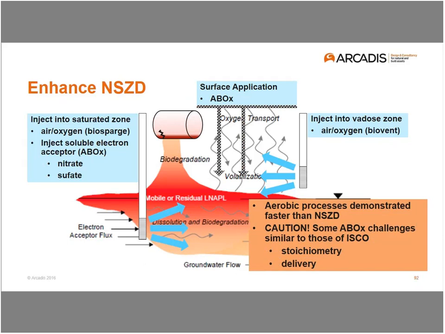I'd caution that injecting these same chemicals is going to face a lot of the same challenges as Jeff just discussed with ISCO. You've got to think about the stoichiometry. You've got to think about the delivery of those. So when you're thinking about enhancing NSZD, one of the first thoughts should just be to enhance the aerobic degradation that's going on.